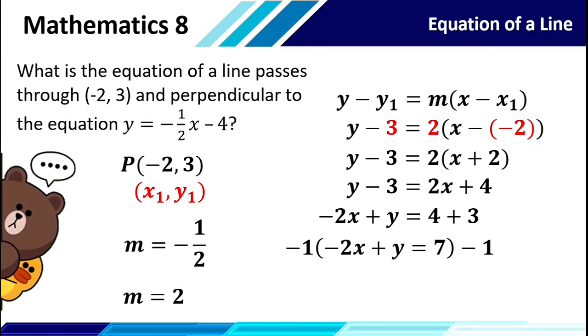Therefore, our final equation would be 2x - y = -7. Therefore, the equation of the line that passes through (-2, 3) and is perpendicular to y = -1/2 x - 4 is 2x - y = -7.